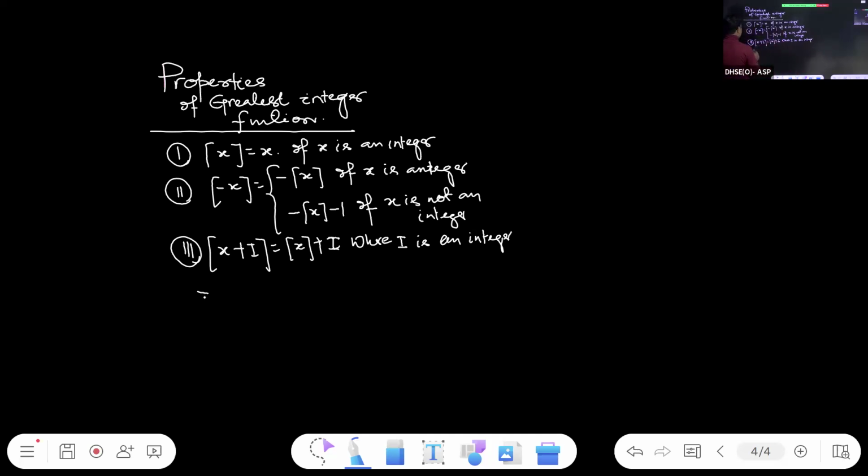This implies bracket of x plus bracket of x plus bracket of x plus, n times, is equal to n of bracket x.